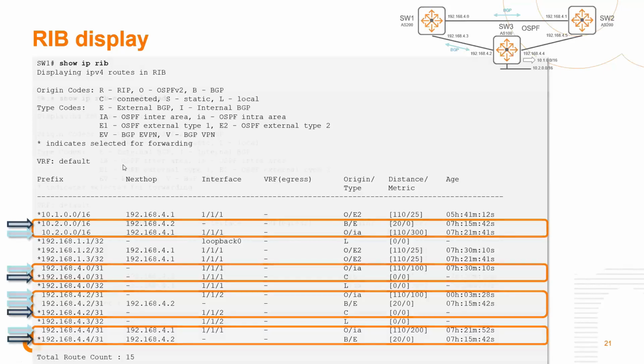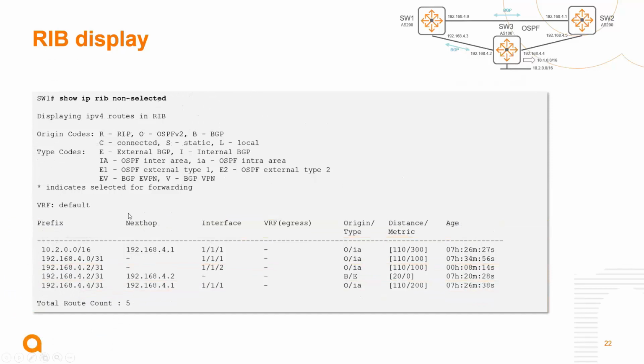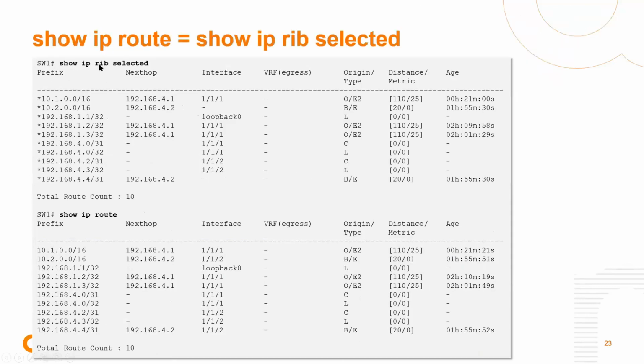And if you do a show IP RIB non-selected, you'll get the list of all the routes that were the best, I would say, for a given routing protocol, but not selected due to another routing protocol winning and having the route populating the FIB. So if you do a show IP RIB selected and show IP route, you should have pretty much the same level of information.